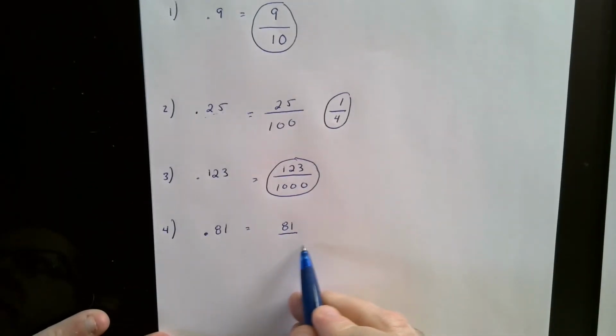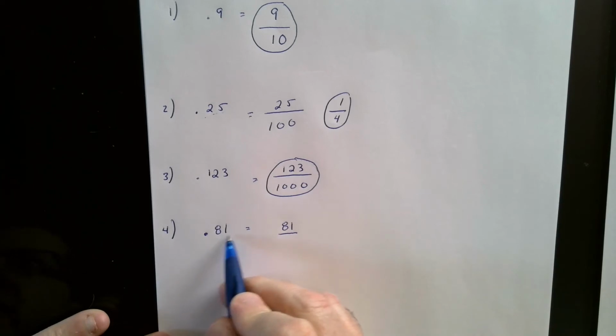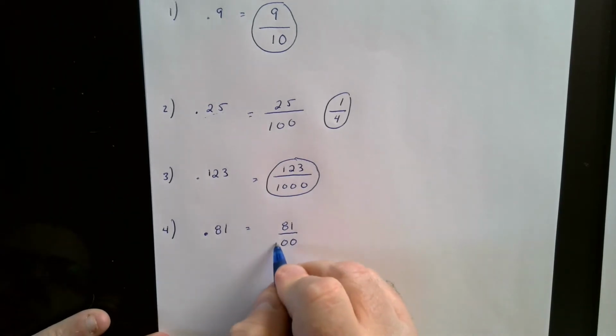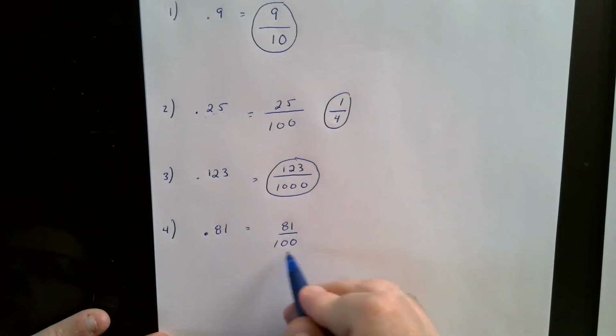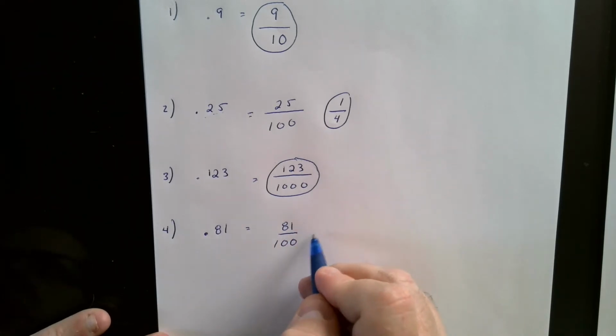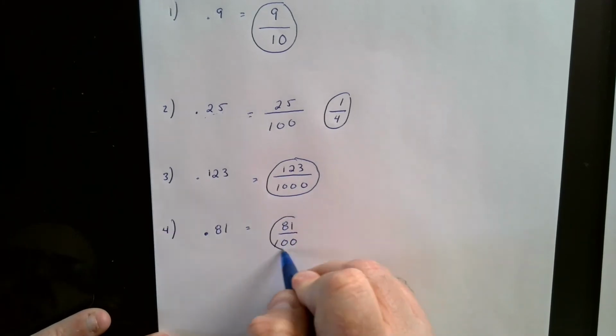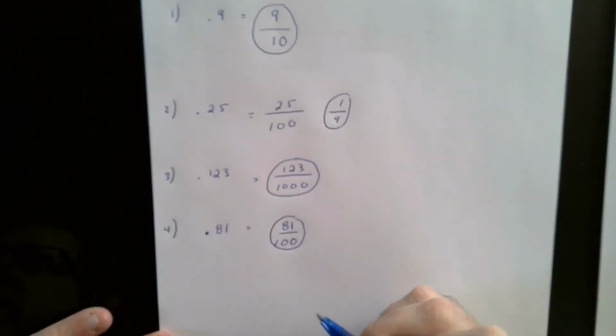In the denominator, we are 2 spots behind the decimal, so we have 2 zeros and then a 1 in the front. So 81 over 100. Hopefully you checked to see if this reduces or not. This will not reduce, so my final answer is 81 over 100.